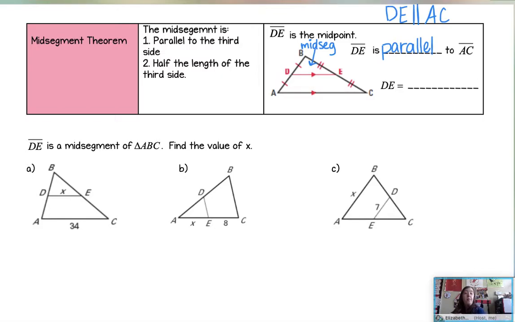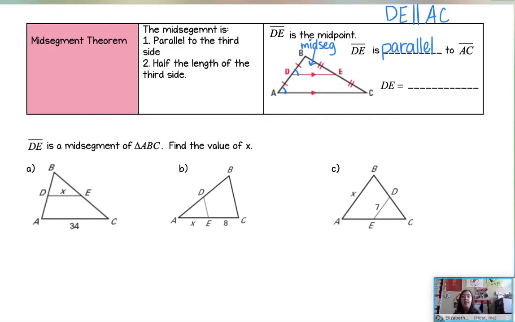So remember, we have parallel lines, and we have parallel lines with a transversal. We talked about those corresponding angles and alternate interior angles and things like that, right? Well, angle A and angle D, those are corresponding angles. And when lines are parallel, they're going to be congruent.